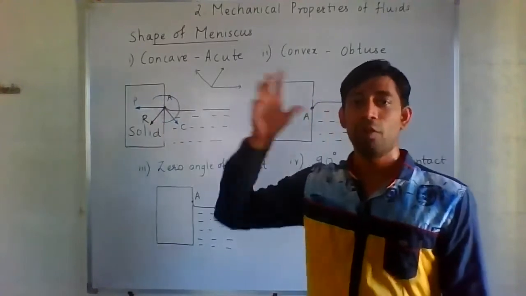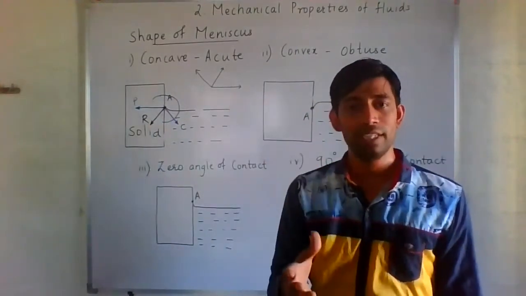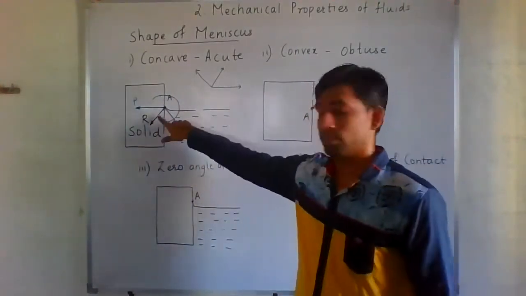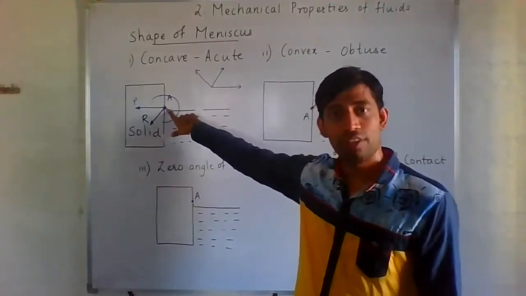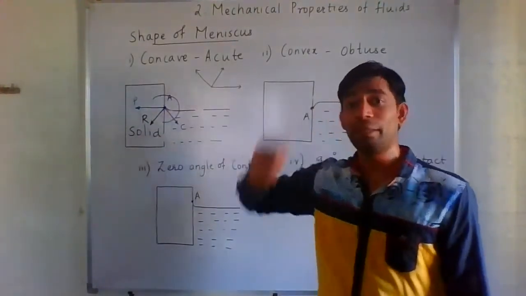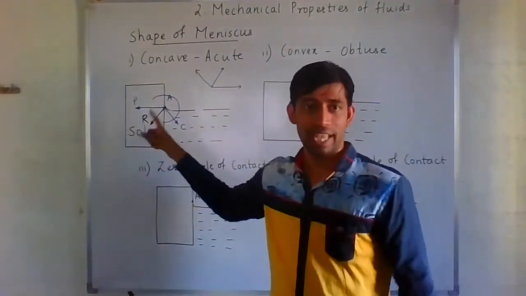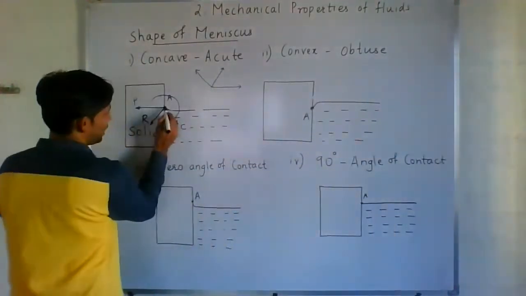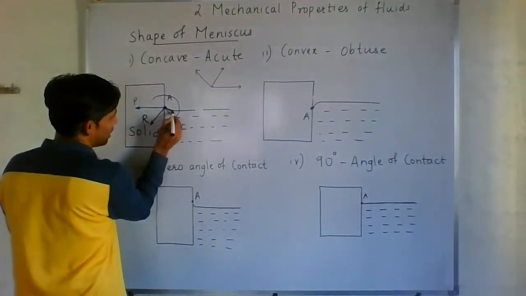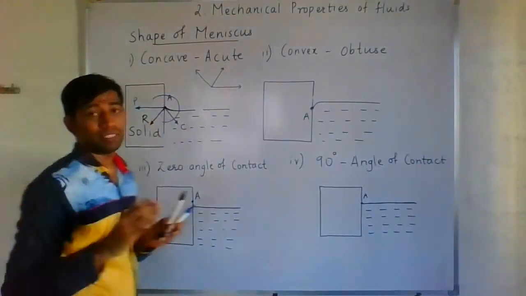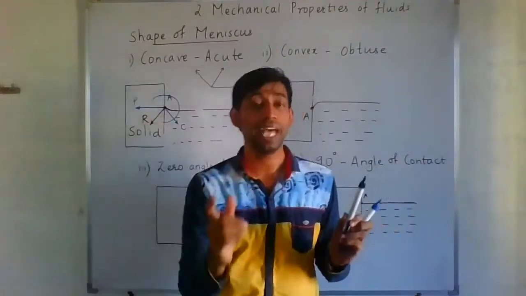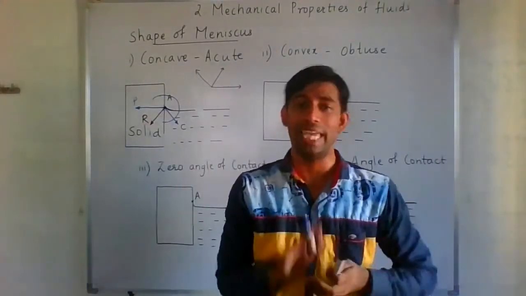I repeat, for stability of the liquid, the meniscus of the liquid will remain perpendicular to this resultant. And hence, what is going to happen is this meniscus will rise, so that it becomes perpendicular to AR.